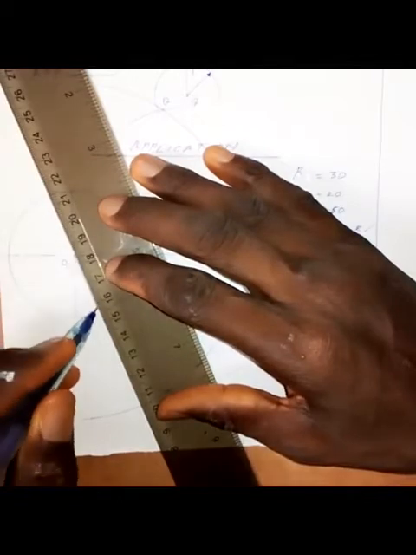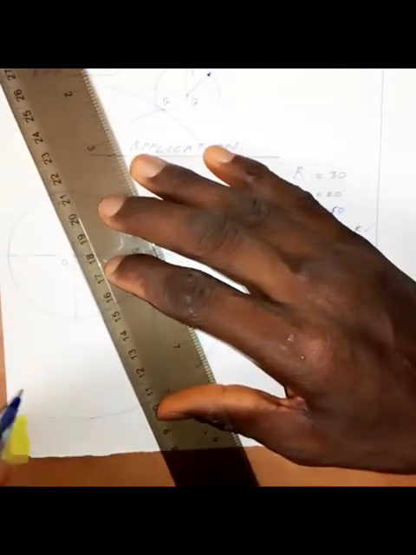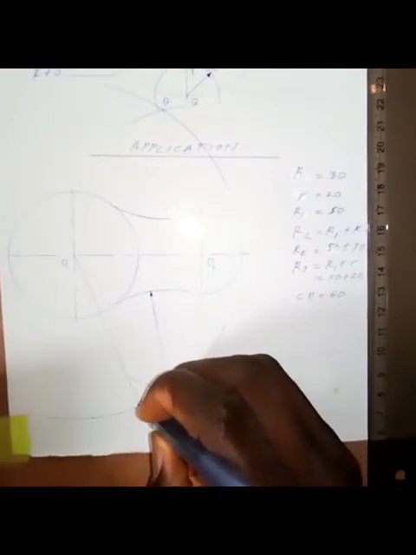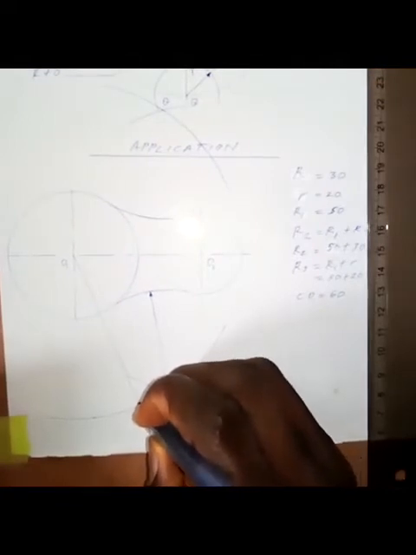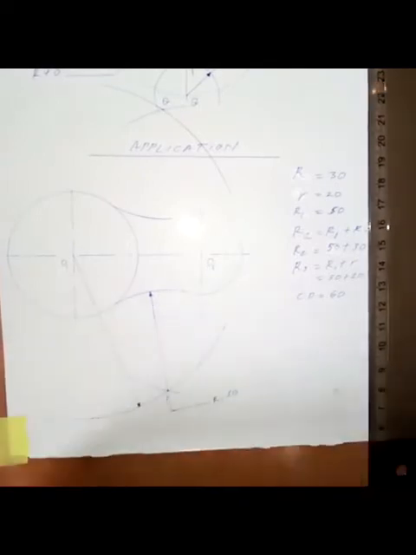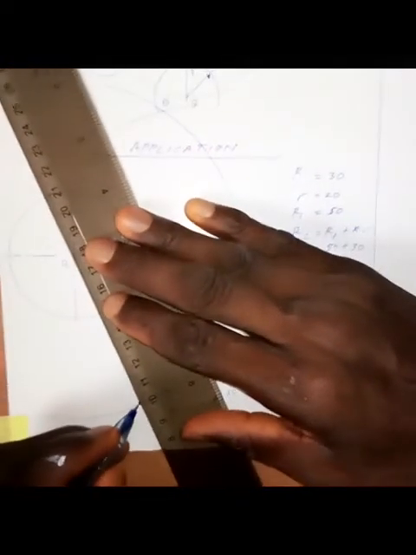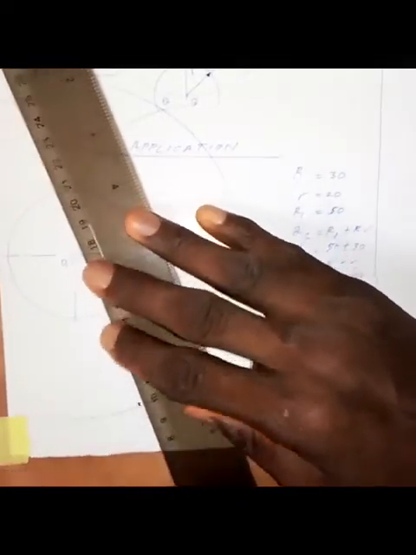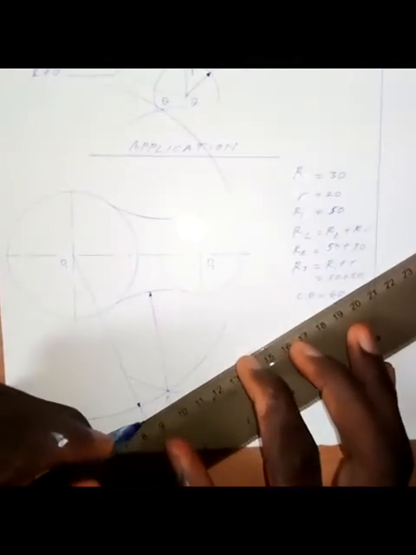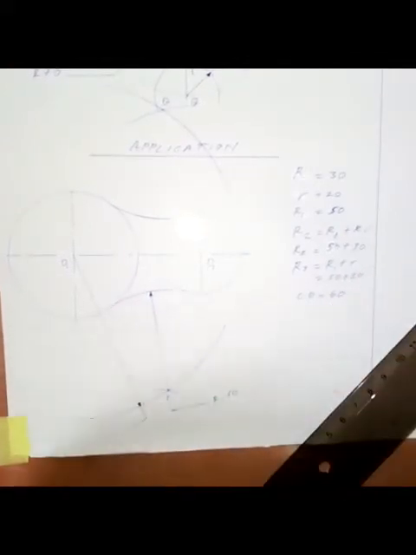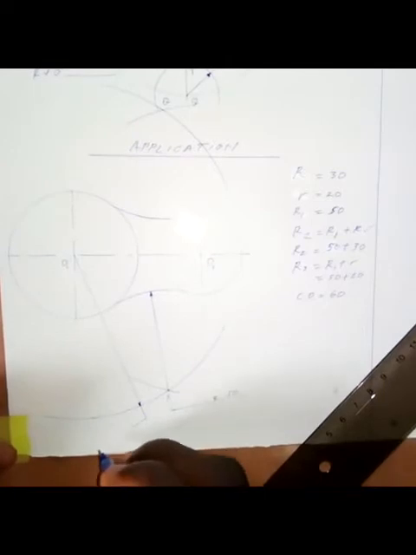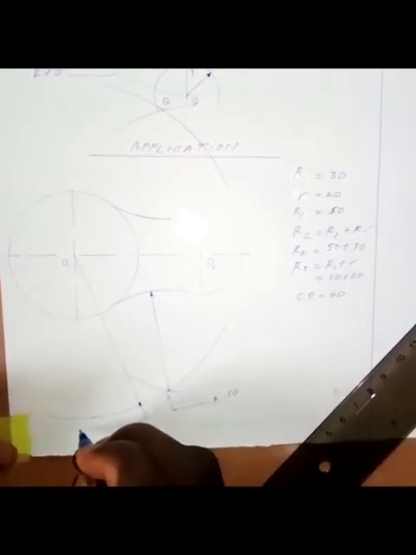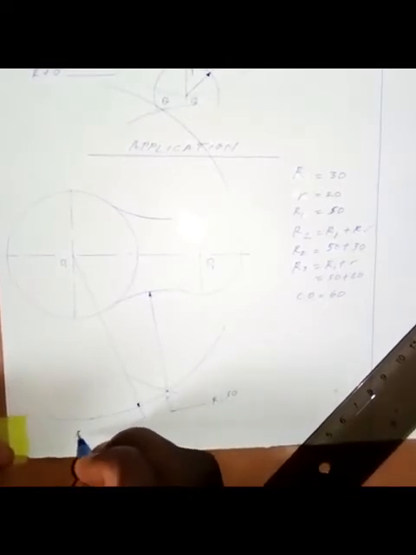So from here to here, it is very important that you pay attention to this. So the radius from here to here is my R2.